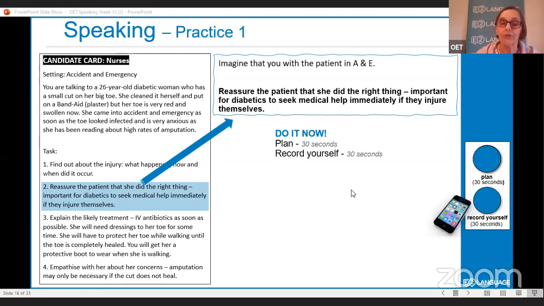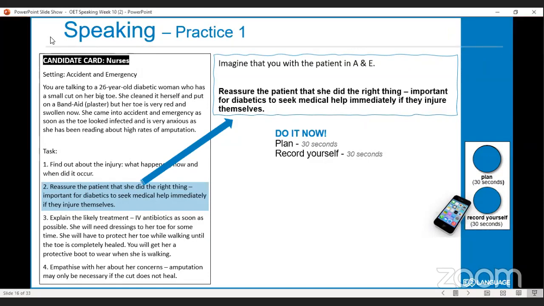So we've got 30 seconds for you to plan it, and then 30 seconds using your phone or your computer, whatever you've got there, to record yourselves. So it's your job now.